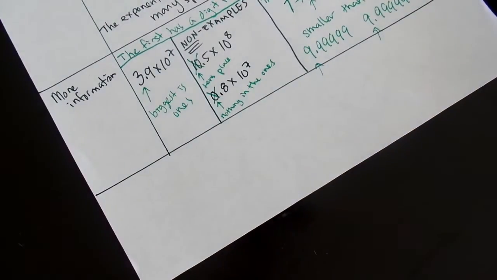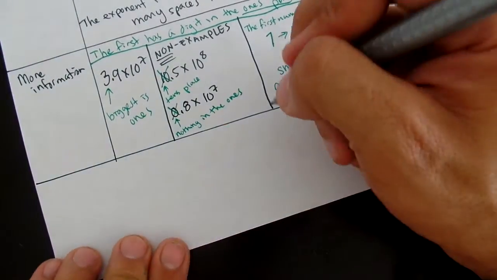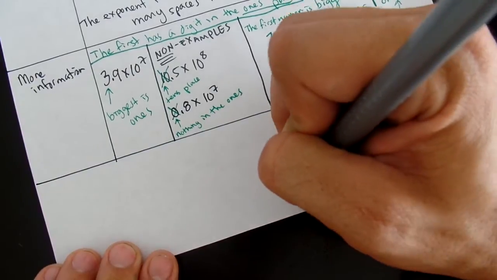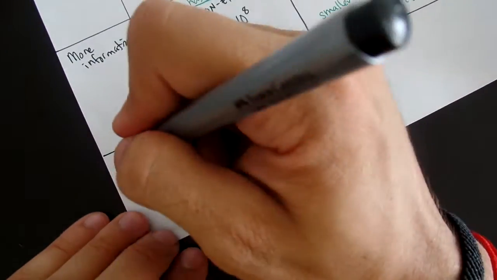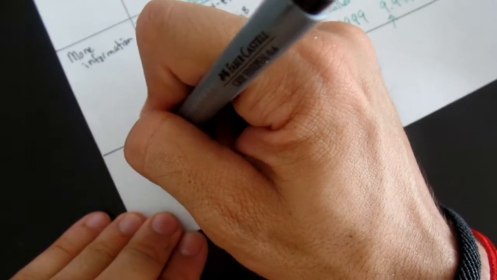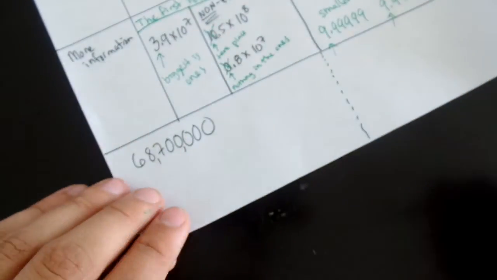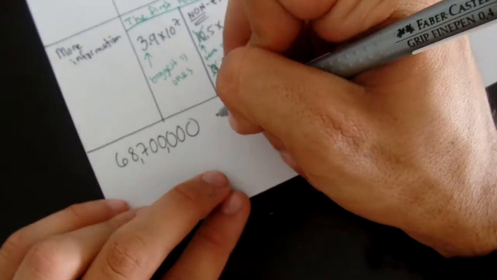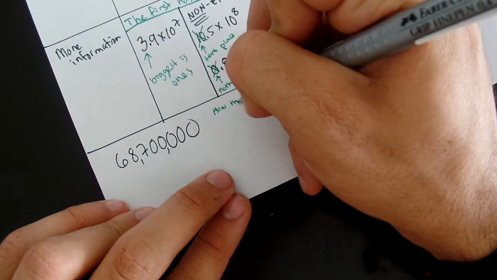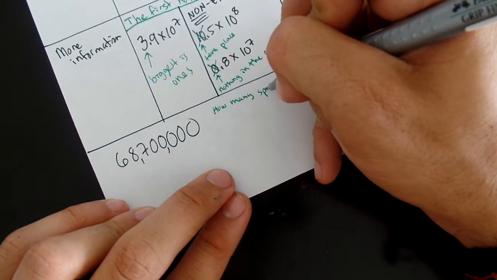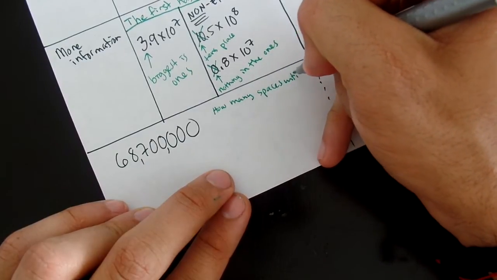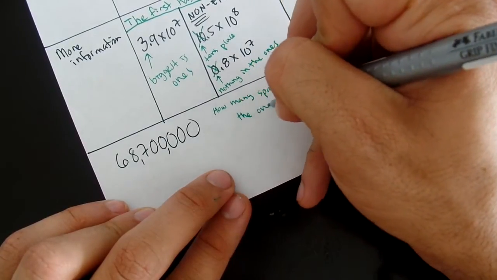So, I'm going to do 2 more examples here and then you do exercises. Let's say we have the number 68712. So we're going to ask ourselves, how many spaces until the ones?